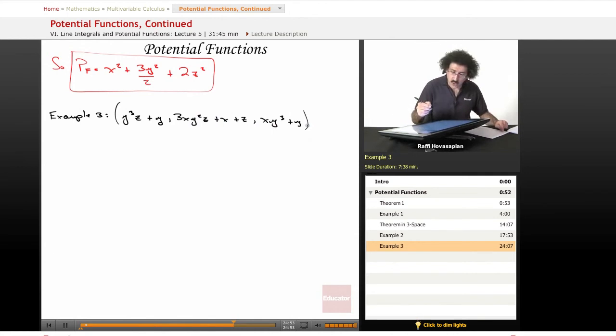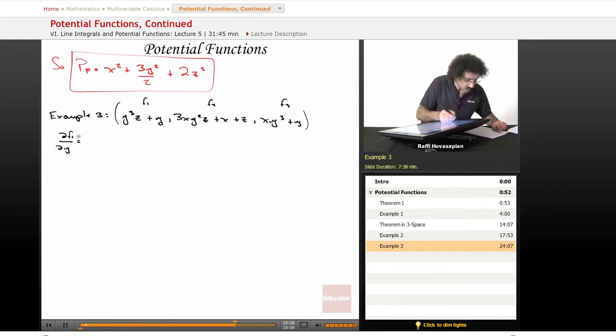Let's go ahead and make sure that all of the partials are equal. So this is f1, this right here is f2, and this is f3. df1 dy is going to be 3y squared z plus 1.